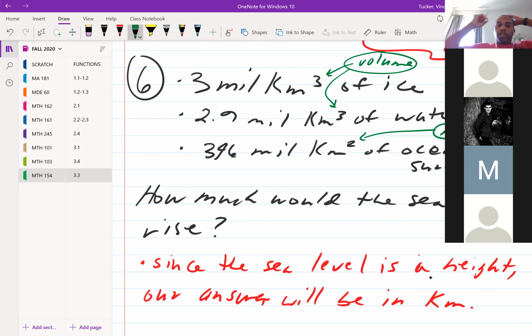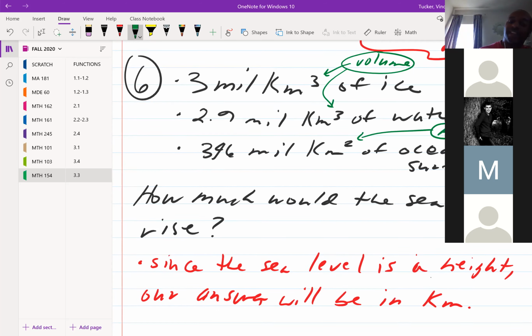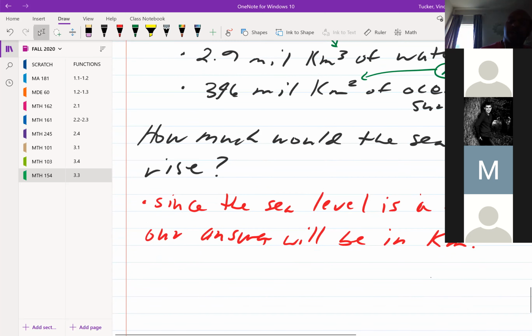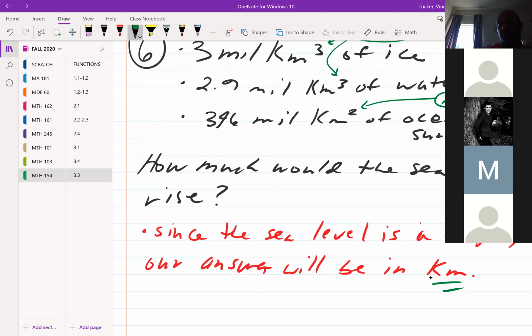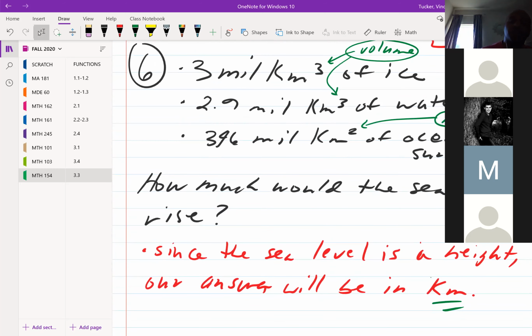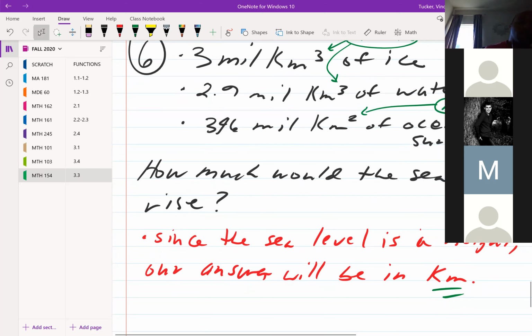All right. So how much would the sea level rise? When you're talking about rising, we're talking about how high will the sea level be? And since the sea level is a height, the measurement is just in regular kilometers. So I just want to make sure I point that out.